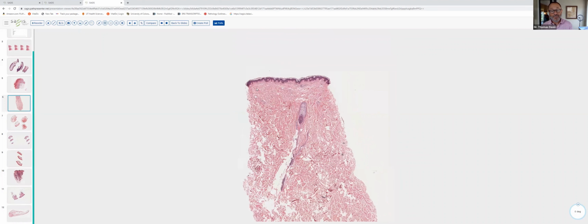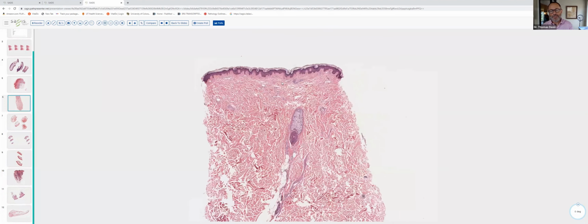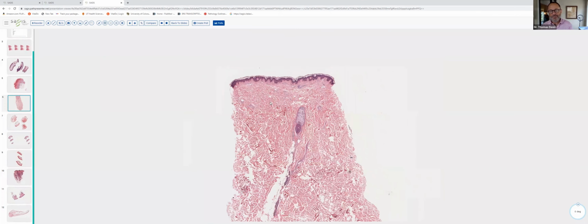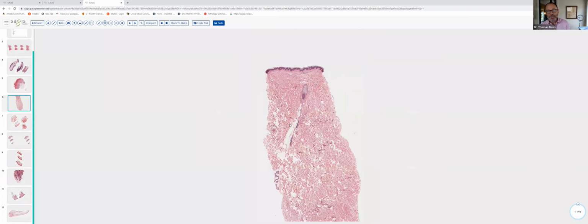Typically, unless one's very close to the head or neck, there's not quite as much solar elastosis in biopsies from this site as well. And if you ever have any doubt about where a site is from, or someone says, take a pick, trunk or proximal extremity, unless it's obviously from a different site, is a good choice because, again, it's obviously the largest piece of real estate that we tend to see or deal with.